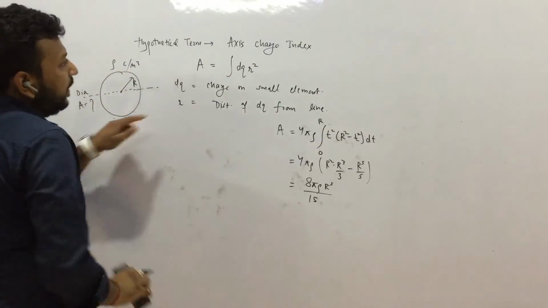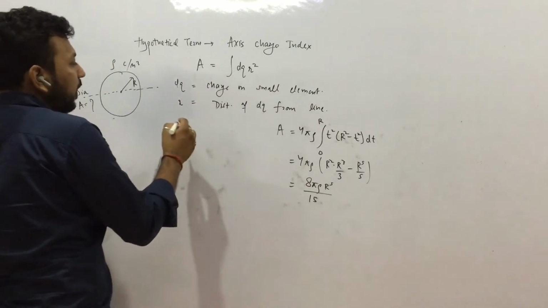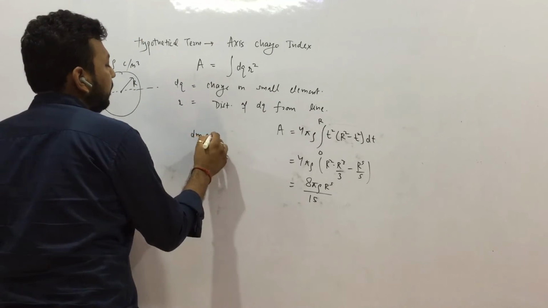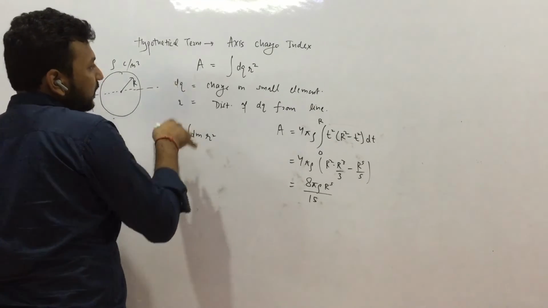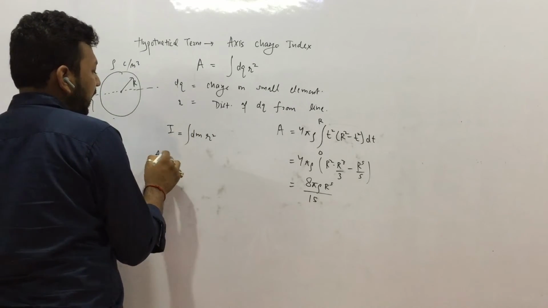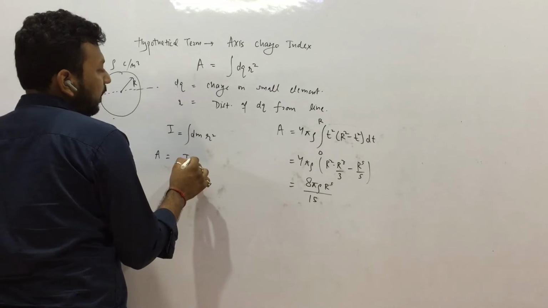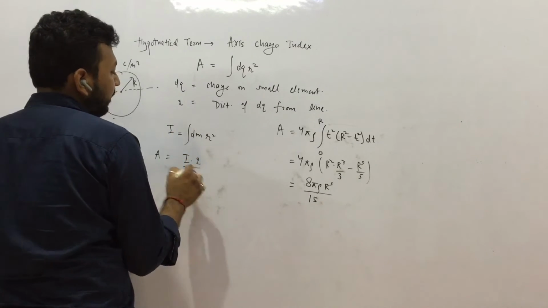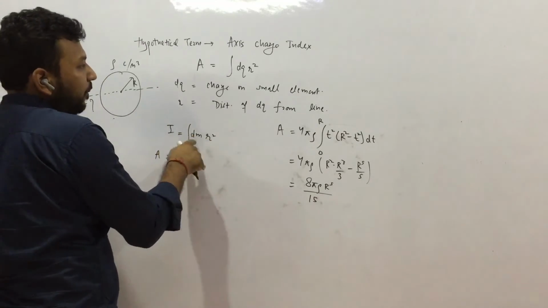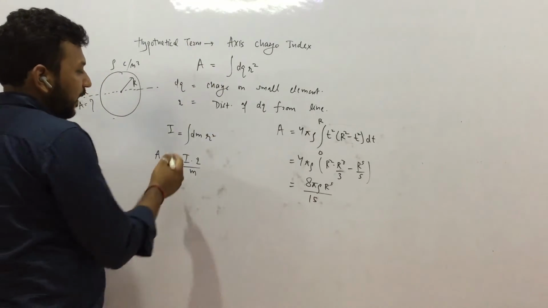This term looks familiar, like the moment of inertia, the integral of dm r square. This term looks similar to this. So let us compare. We can write A as I upon mass into Q. By symmetry we can write it like this.